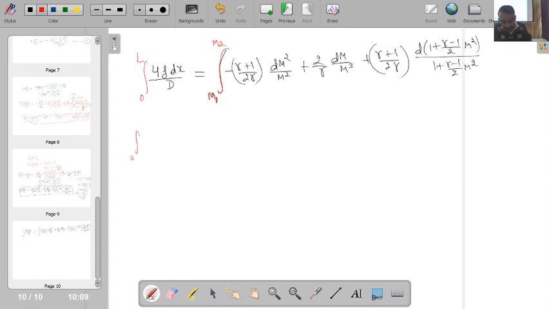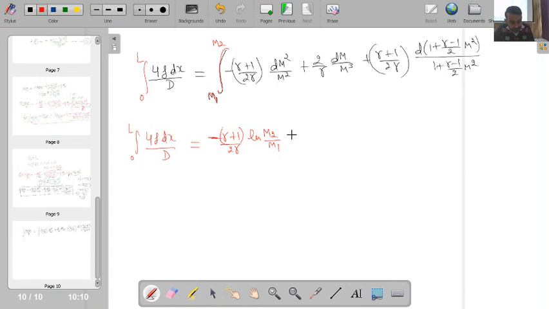So I will get integral 0 to L of 4f dx by D equal to minus (gamma plus 1) by 2 gamma. Gamma is constant, so this is a constant quantity. Integration of dM square by M square will be ln of M square. Is this one clear? Ln of M square, and if I substitute from M1 to M2, it will become ln of M2 by M1. Is this one clear?